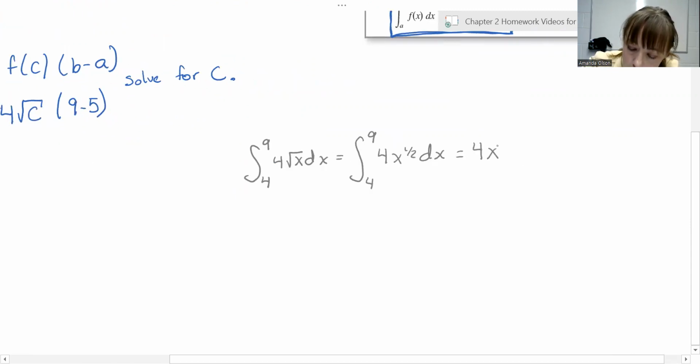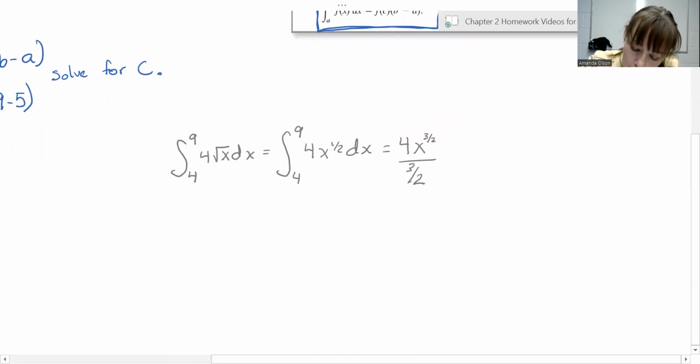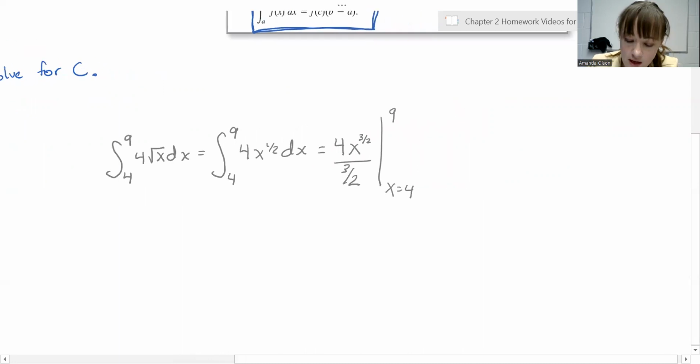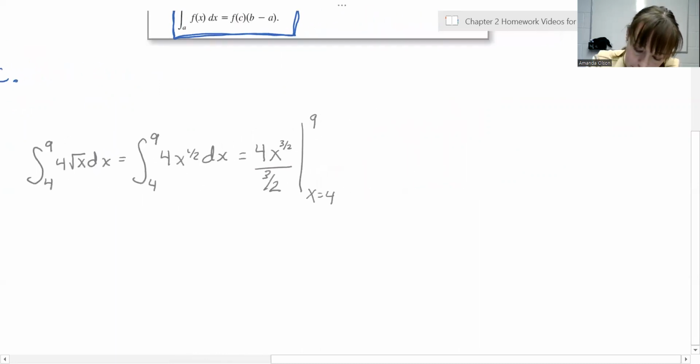So this becomes x to the 1 plus 1/2, which is 3/2, divided by 3/2, or multiplied by 2/3, from x equals 4 to 9. And because we're dealing with a definite integral, we don't have to worry about that constant. So 2/3 times 4, we end up with 8/3 x to the 3/2, from x equals 4 to 9.